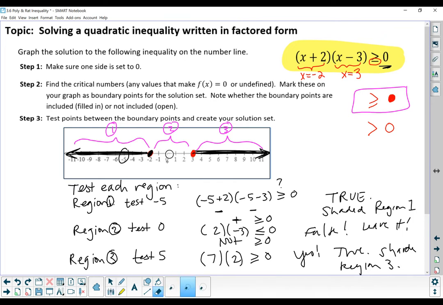So our solution graph would look like this, where we have everything from -infinity up to -2, and we have from 3 to positive infinity. You're not going to have to write that interval. You'll just be plotting the graph.